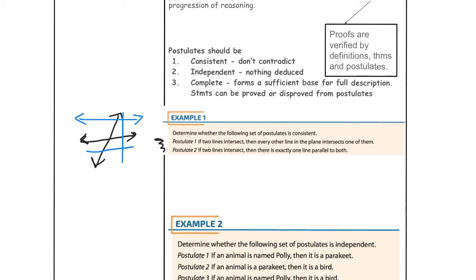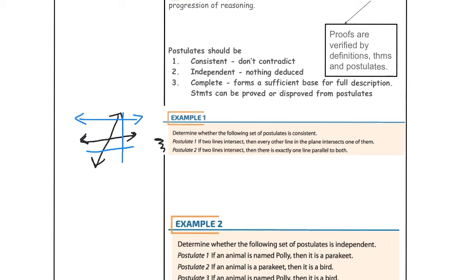Postulate 2 says, however, that there is a line that is parallel to both. It says if two lines intersect, then there is exactly one line parallel to both, and it doesn't intersect either. This doesn't work.